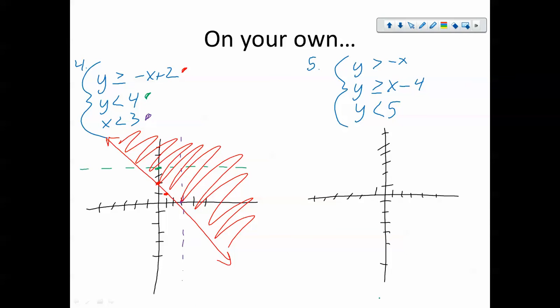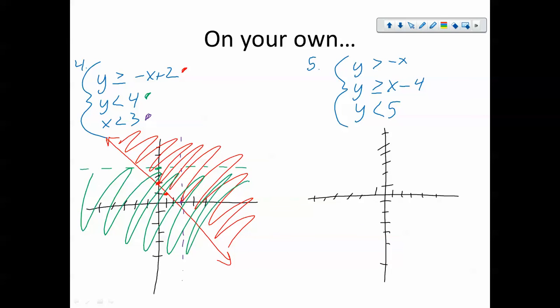The green side, I am shading the area that is smaller than 4. This is the area that is smaller than 4. And the purple side, I am shading the area that is smaller than 3. This is the area that is smaller than 3.